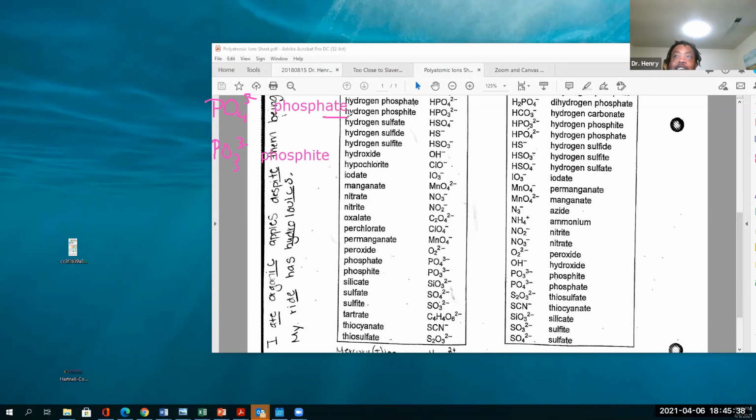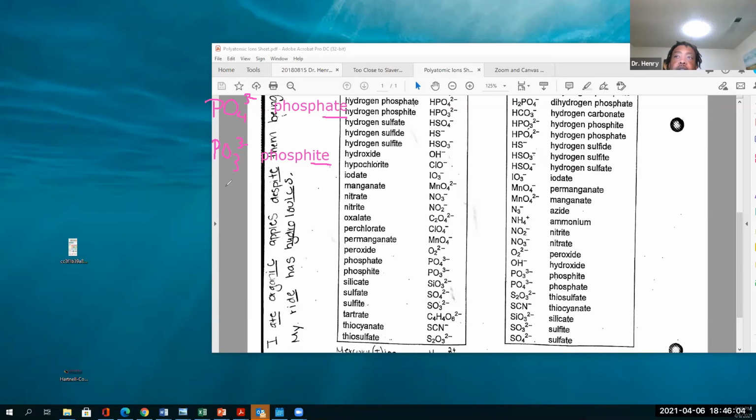Most of the time when you see ATE, it means you're working with something that has oxygen in it. These are called oxyanions. ITE is the same thing; the ATE starts off with a certain number, in this case 4 oxygens, and then we drop down by 1, and that makes it an ITE.